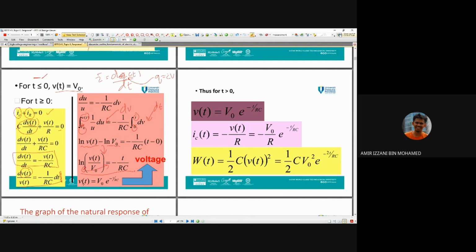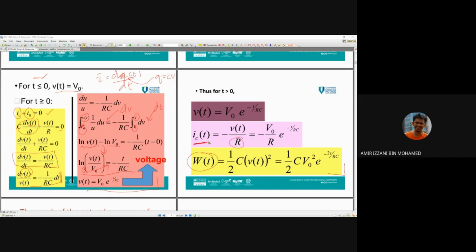We get V(t) equals V0 exponential of minus t over RC. So this is the voltage after 0. Before 0 it is V0. After 0 it is V0 exponential minus t over RC.